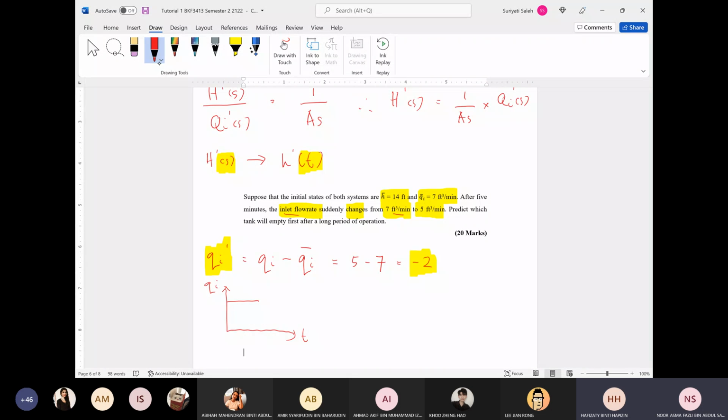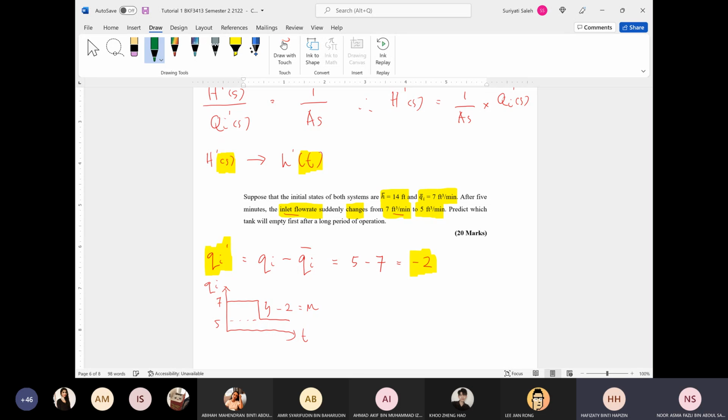Now it has been decreased by 2. So this is 7 and this is 5. Where the magnitude is negative 2, equal to M. M is the magnitude of change. So the profile normally is like this. When you change the value, you get the sketch of your input based on the decrement or increment.